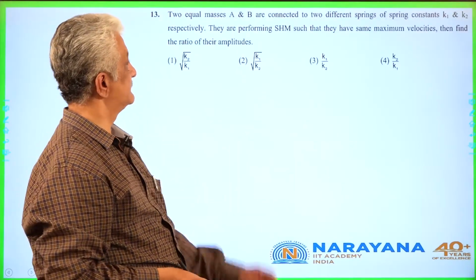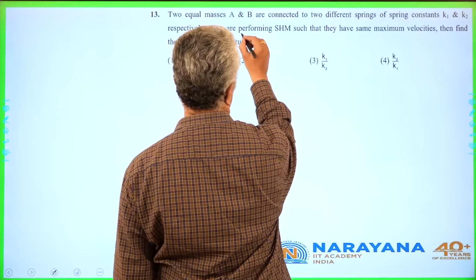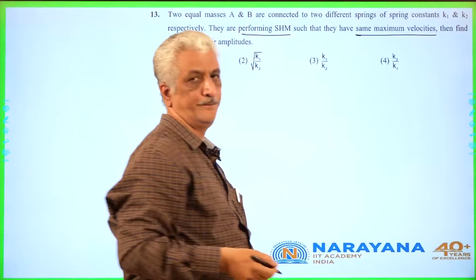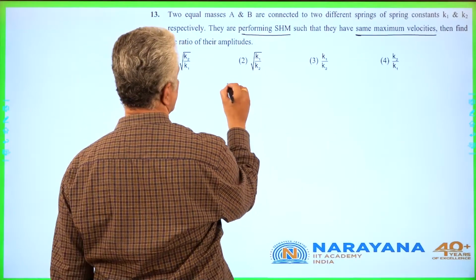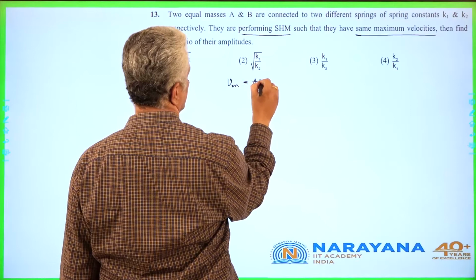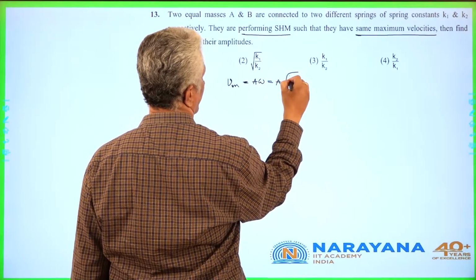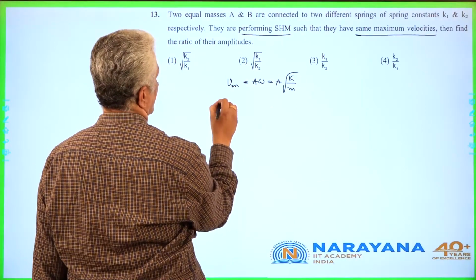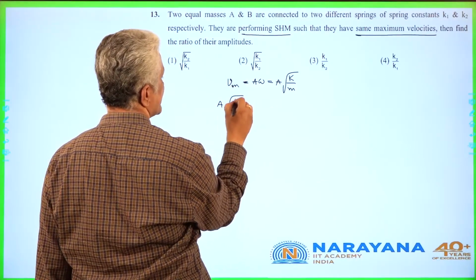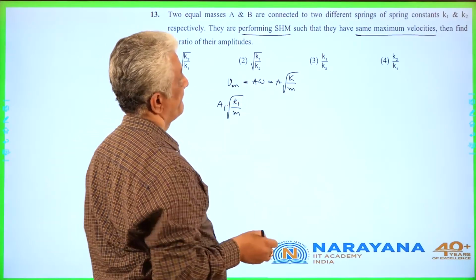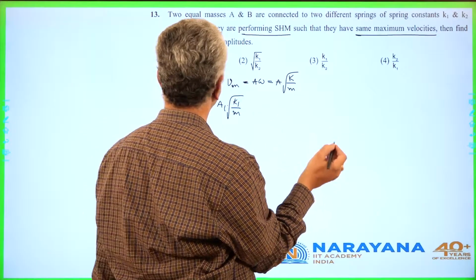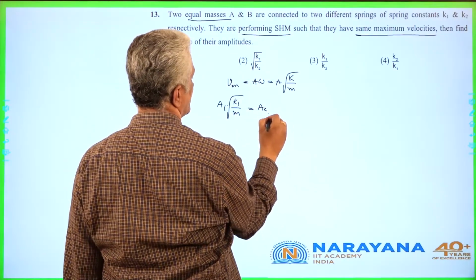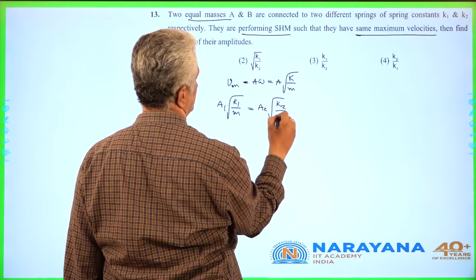Next, 13th one. It is given that two bodies performing SHM have the same maximum velocities. Maximum velocity formula is A omega, which is A root of k by m. As velocity is constant, A1 root of k1 by m equals A2 root of k2 by m.